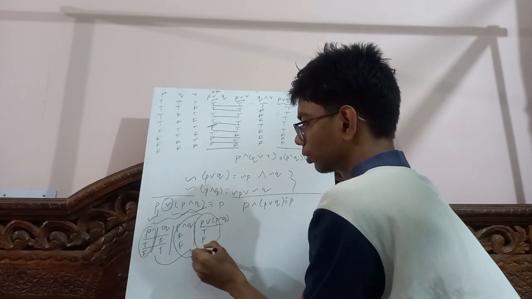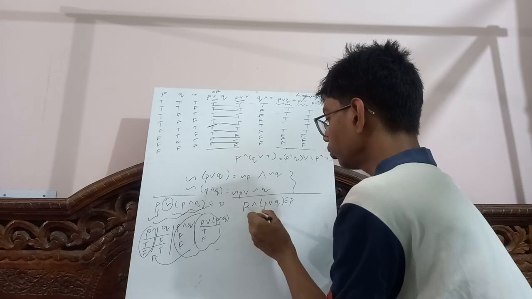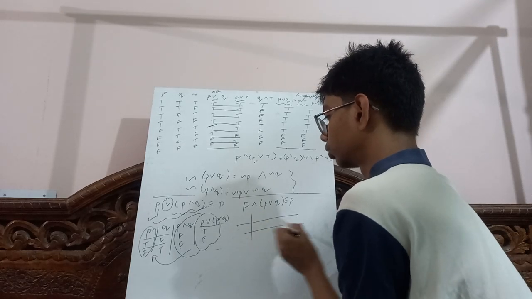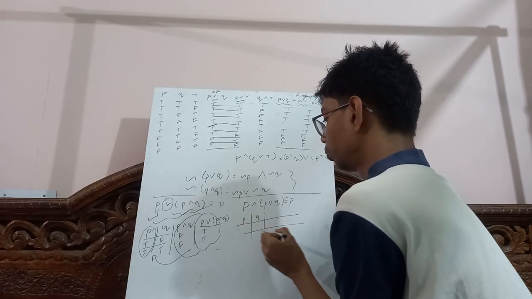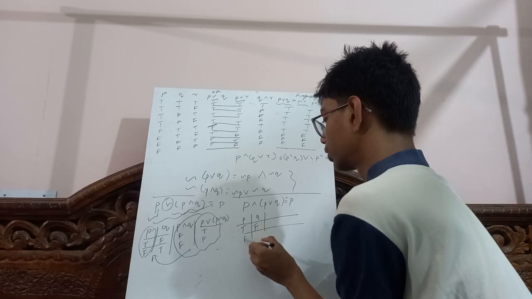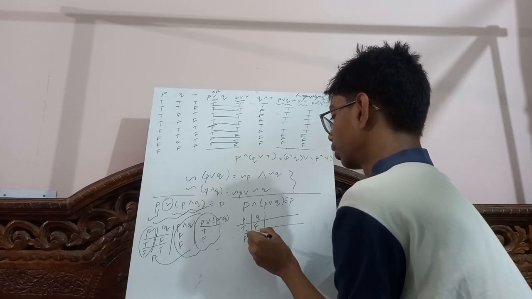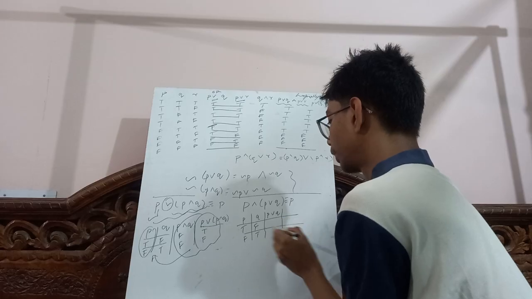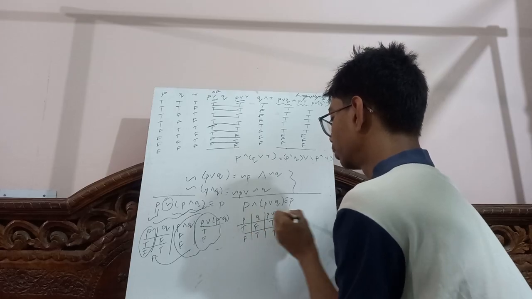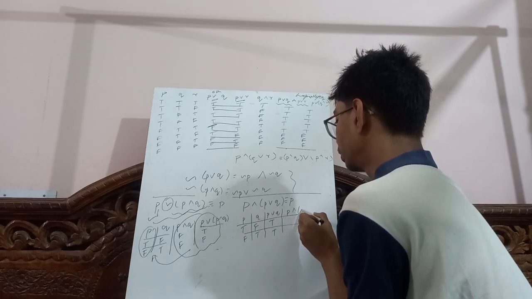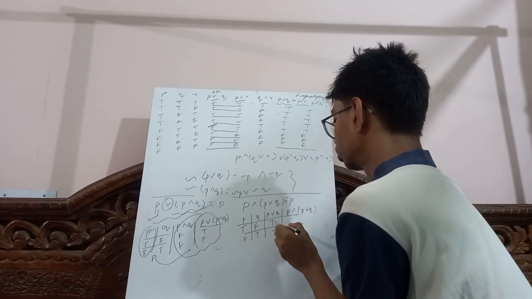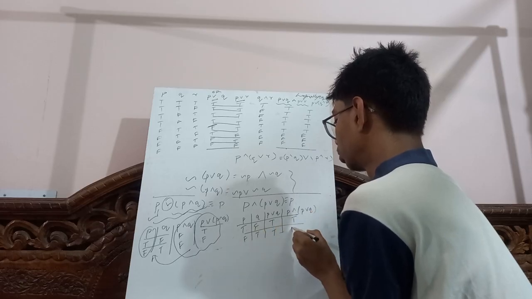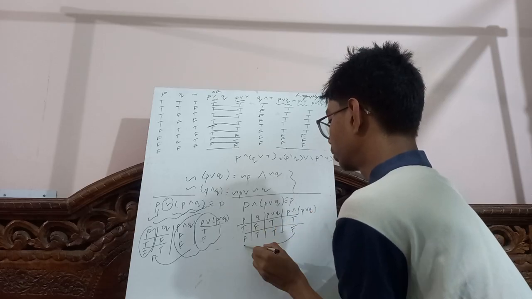This and this are the same. Also here P, Q, true, false, false, true, right? P or Q, any one should be true, and P and P, so both should be true, right?